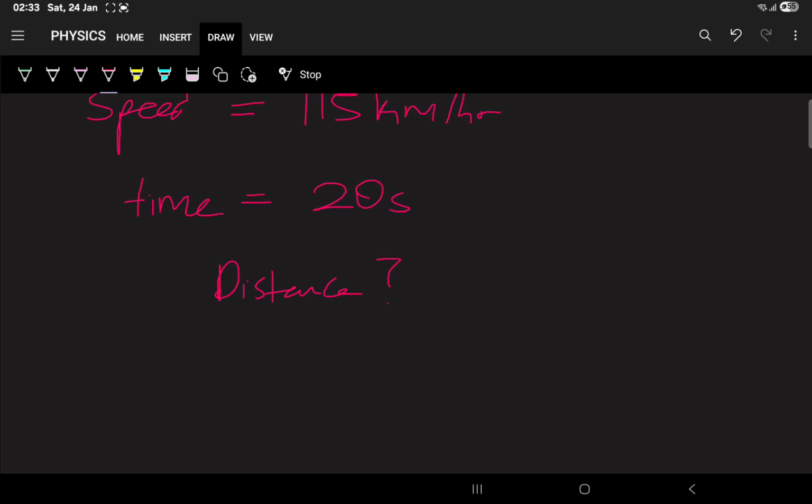Now from previously, speed is distance over time. Therefore, making distance the subject, distance will be speed times time. But in the question, we are asked how far is he in kilometers.